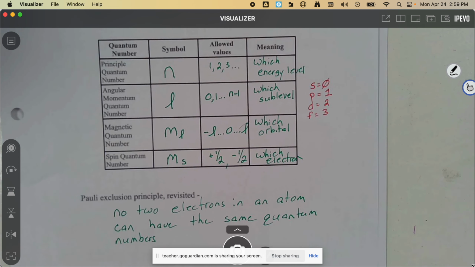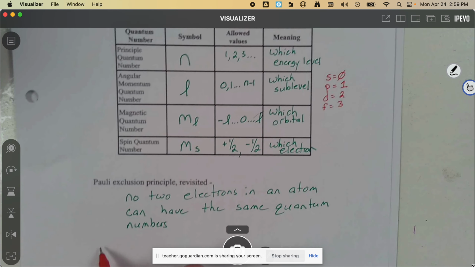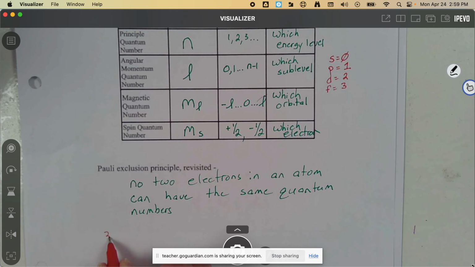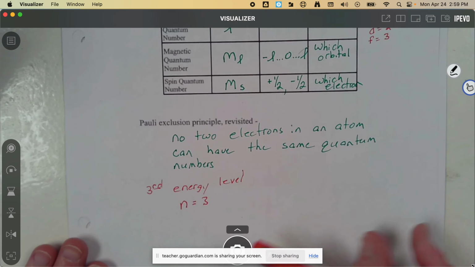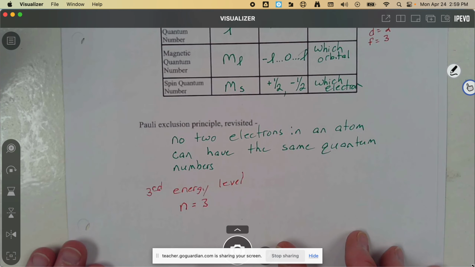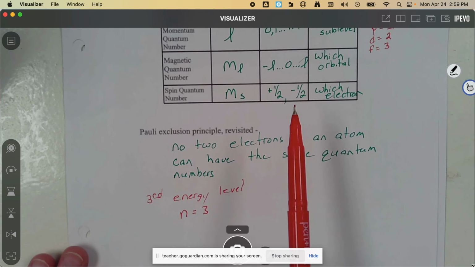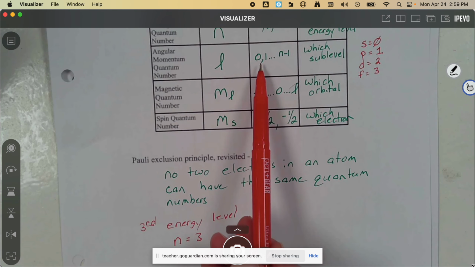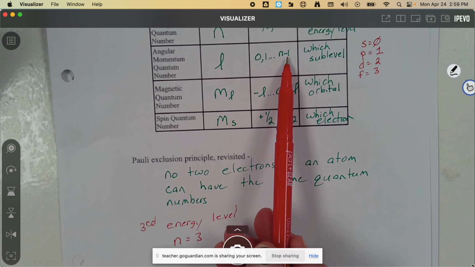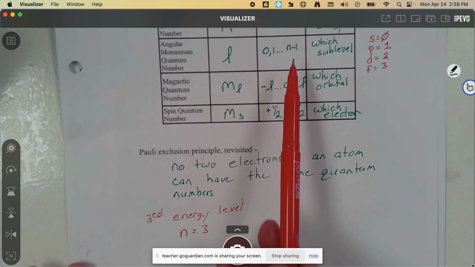So if we try to make sense of this, let's say I've got the 3rd energy level. That means n equals 3 for the 3rd energy level. And the rule for L is that it starts at 0 and it can get as big as n minus 1.